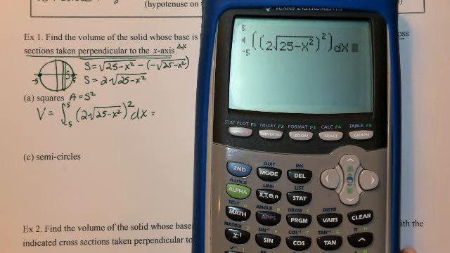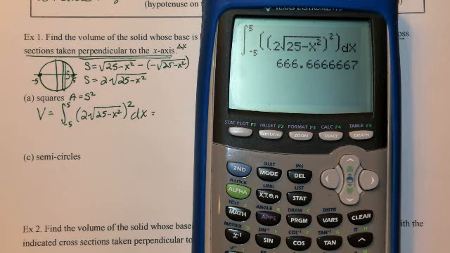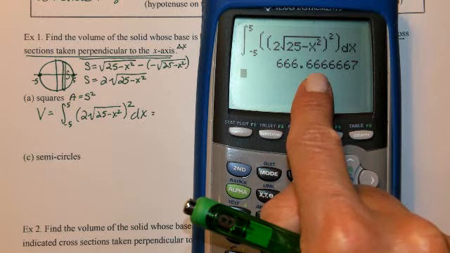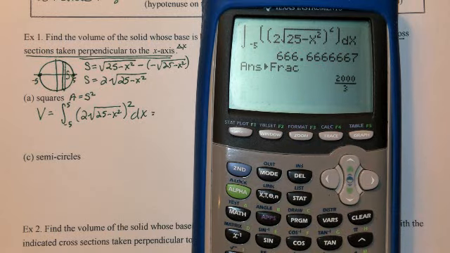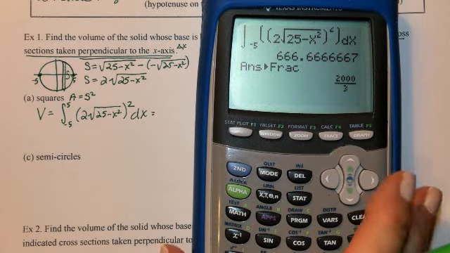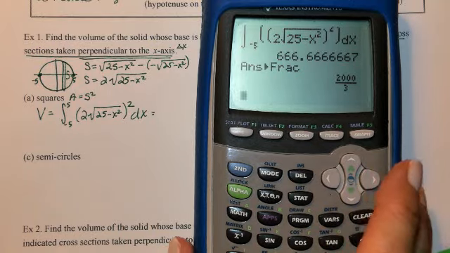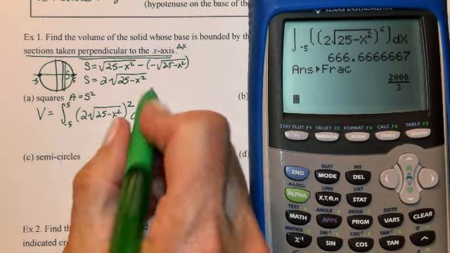Be careful typing that in. We could write this as a decimal. I think I'm going to change it to a fraction, and I'm doing that for a reason because you'll see in this subsequent problem.